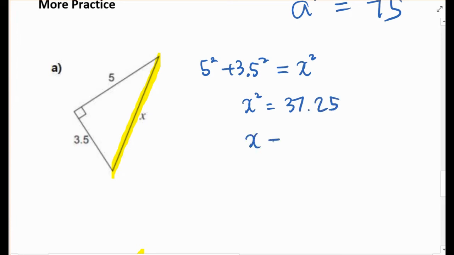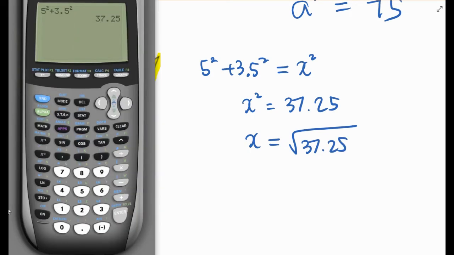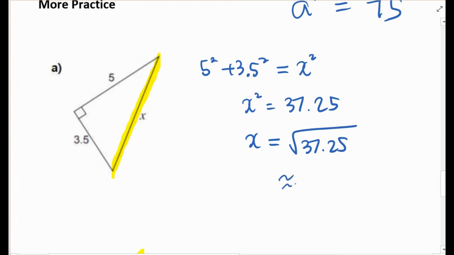Then x is square root of 37.25, which is 6.1. So we're going to keep one decimal. So the answer is 6.1.